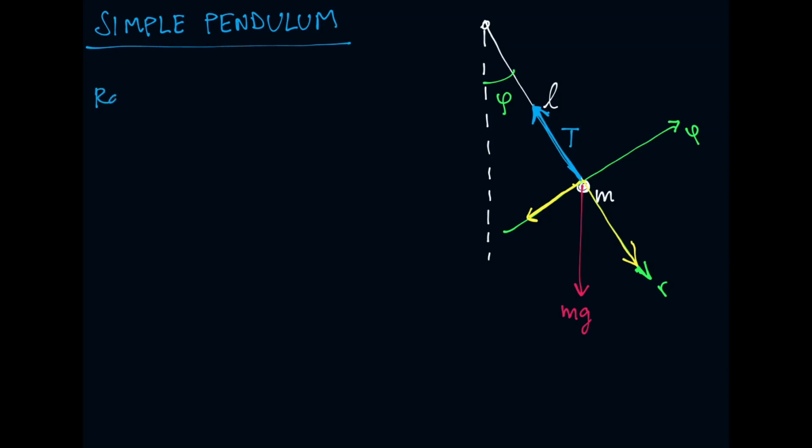So in the radial component, if I use Newton's second law, I have T, and this is again phi, mg cos phi cancelling out. And so the overall acceleration in that direction is zero, because the string is not stretching and it's not compressing.